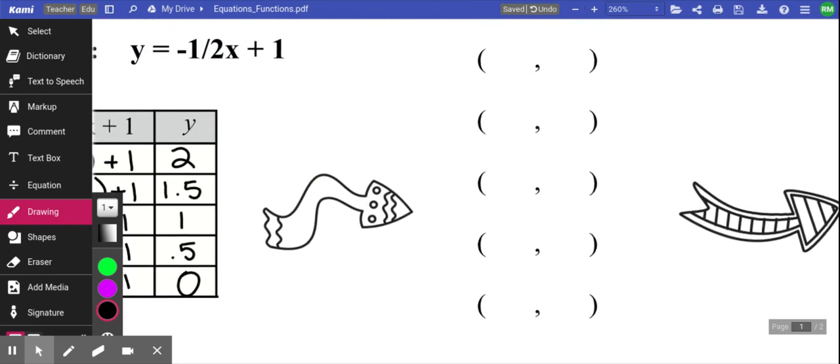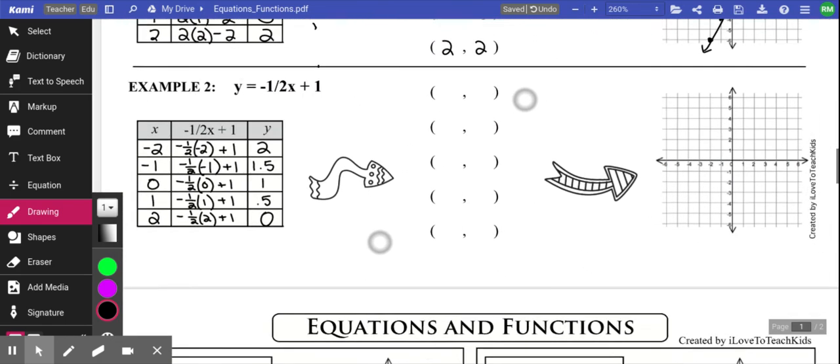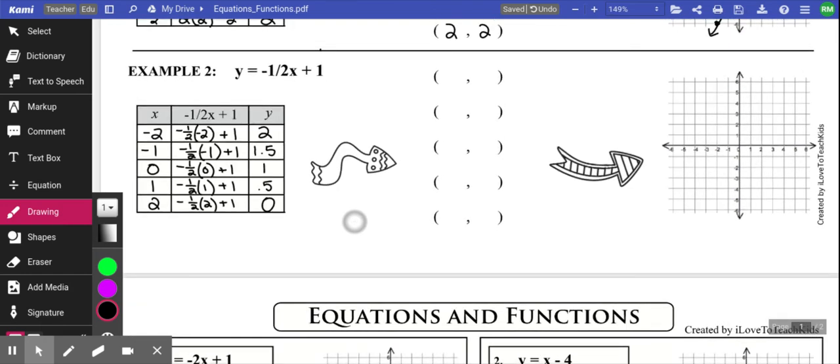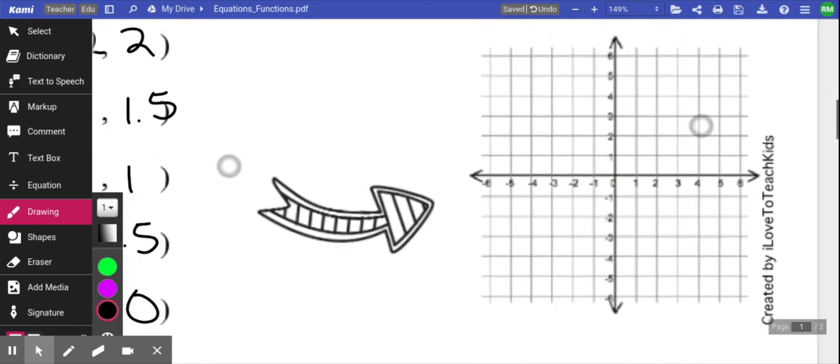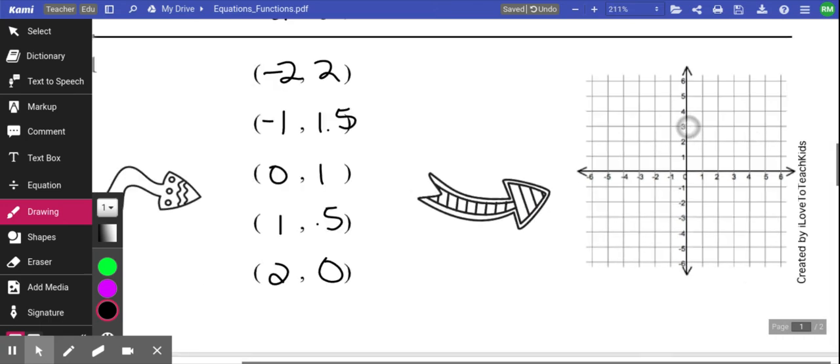You can write the ordered pairs. Okay, so we have (-2, 2), (-1, 1.5), (0, 1), (1, 0.5), and (2, 0). So for the graph for these halves, okay, so negative 2, we're going to go negative 2 to positive 2.